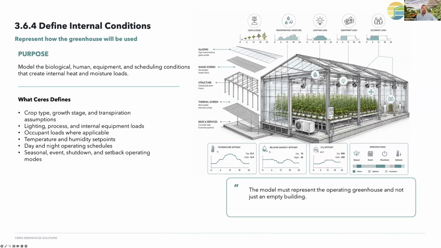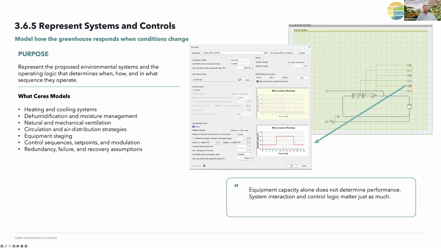And in many facilities, the solar load and the crop transpiration that creates the moisture load are as important, if not more important, than the outdoor weather. Accurately representing when and how these loads occur is essential to predicting the heating, the cooling, the ventilation, and the moisture control performance.